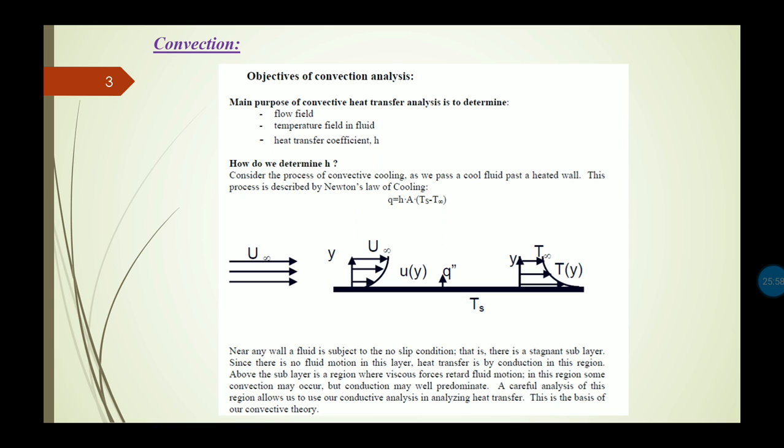Now near any wall, a fluid is subjected to the no slip condition. So what is this no slip condition? If we consider a flow of a fluid over any solid surface, like in this diagram, the fluid is flowing over the black flat surface.